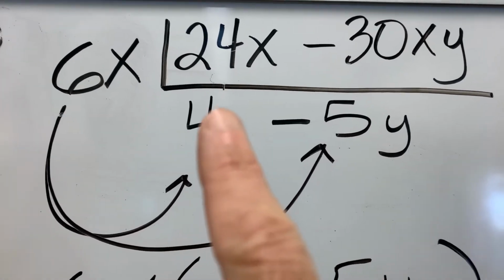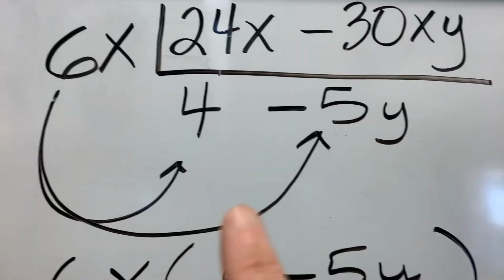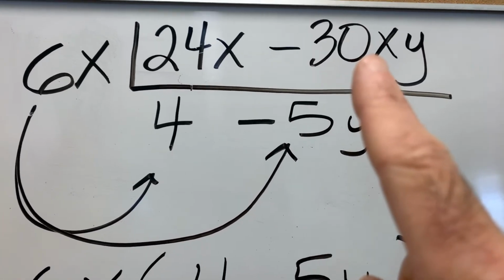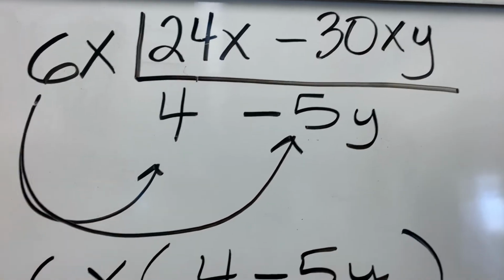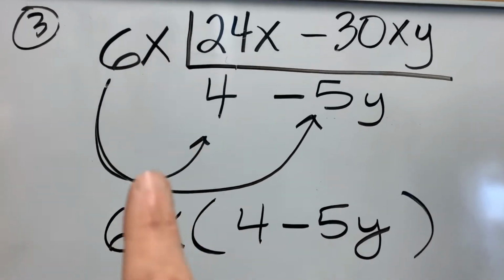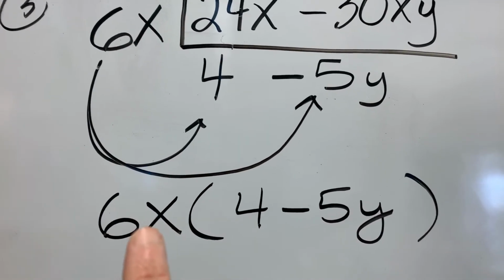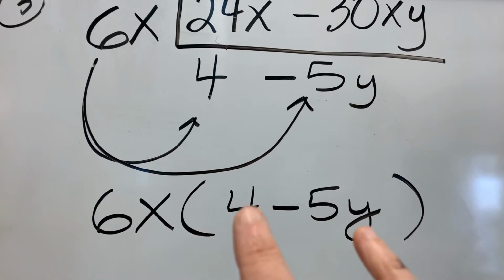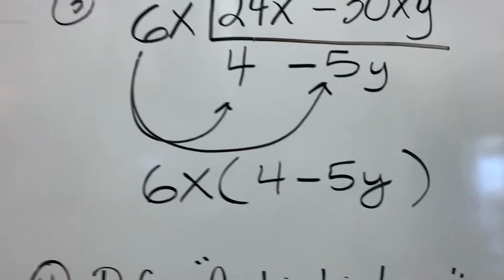Well, 6x times 4 and 6x times negative 5y would result in that term. The way that we would properly write it, the greatest common factor is the factor on the outside of the parentheses, and these two terms slide down into the parentheses.